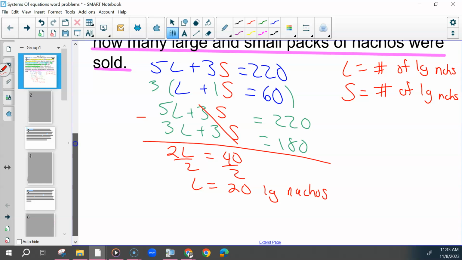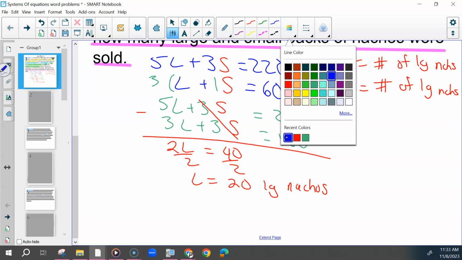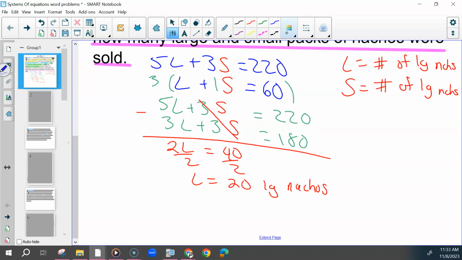Alright, and then we have to go back and find S. You have choices to put this back into. I would probably just do this one. So I know L is 20. I'm looking for S. So if I were to solve, S would be what?